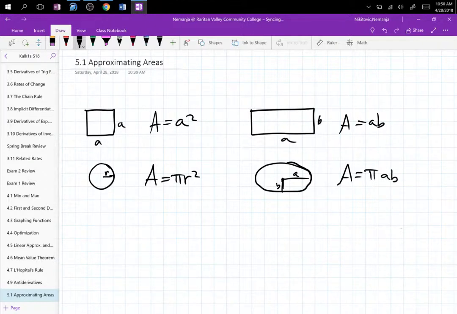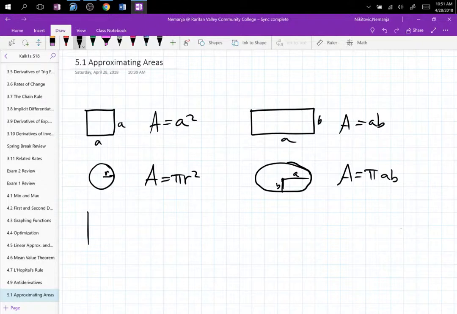Now, can we just connect all of these formulas that we see? Connect the circle with a square and a rectangle with an ellipse, and see that you introduce pi and just round it. Good?